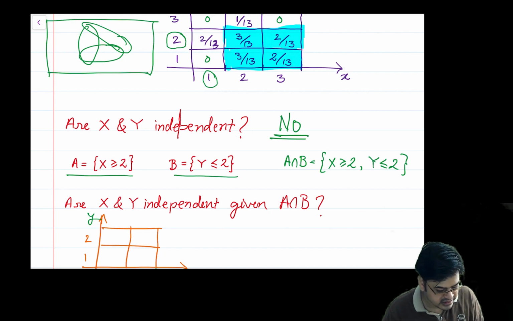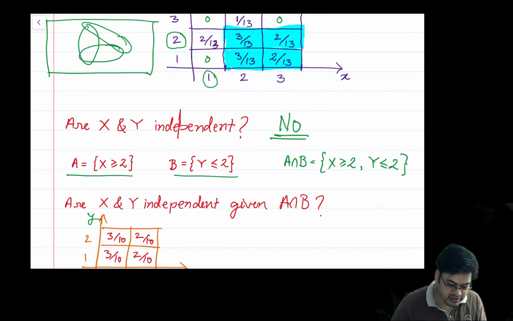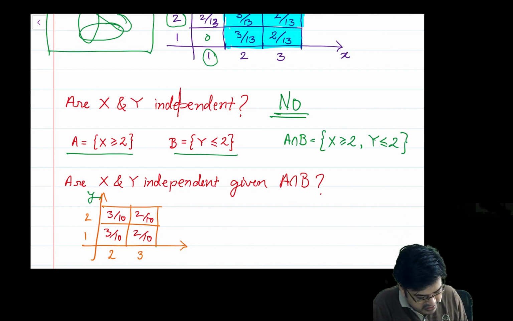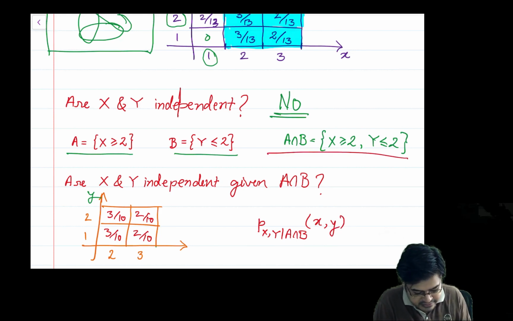In this case, this is 3, 2, 3, 2, and what is the sum of all these? 10. So it will be 3 by 10, 2 by 10, 3 by 10, 2 by 10. Okay. So now I have the conditional probability mass function. I can rewrite this as P of xy given A intersection B of x, y, where A intersection B is listed here.